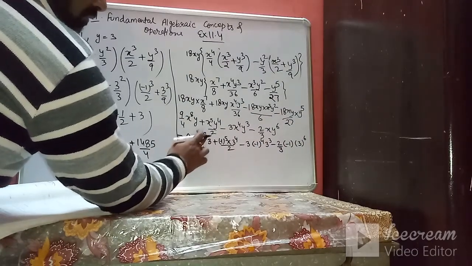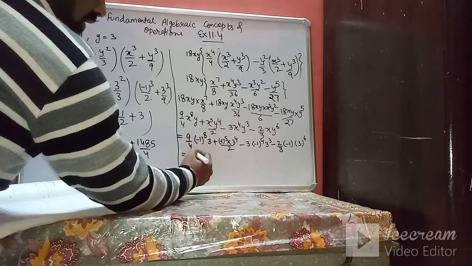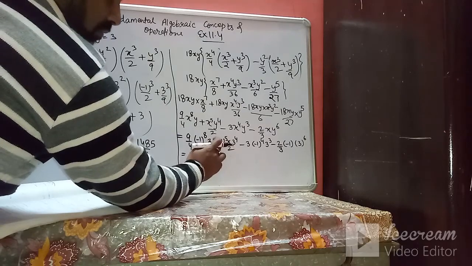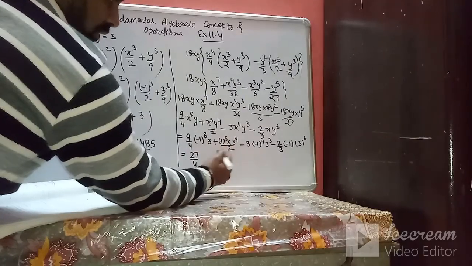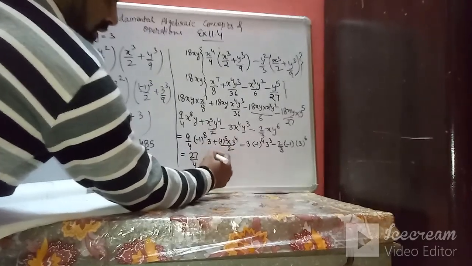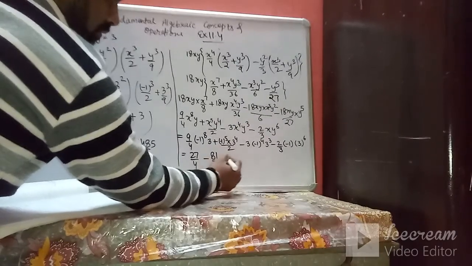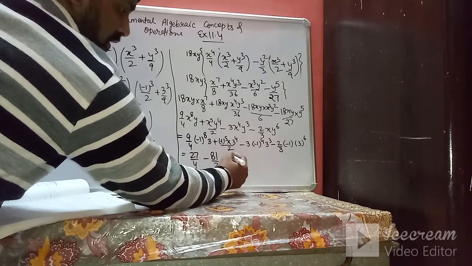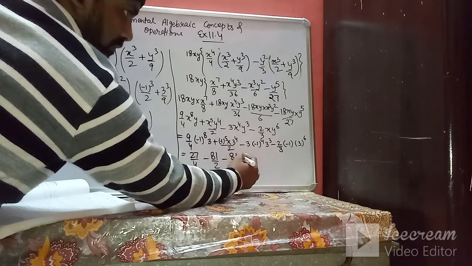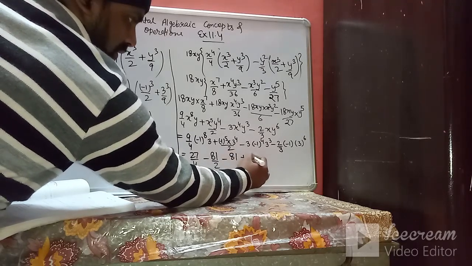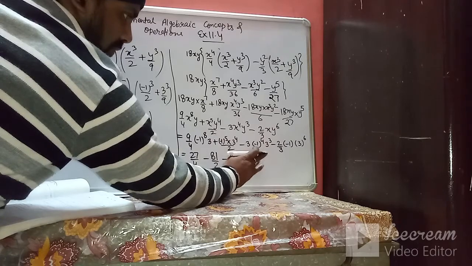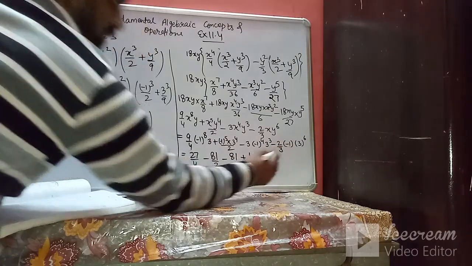So minus 1 power is even, answer will be positive, so it is 27 upon 4. Then minus 1 power is odd, so answer will be minus 81 upon 2. Then again it will be positive, so our answer will be 81. Then plus 486 upon, only 486. Okay, because 1 power of 3 will cancel out.